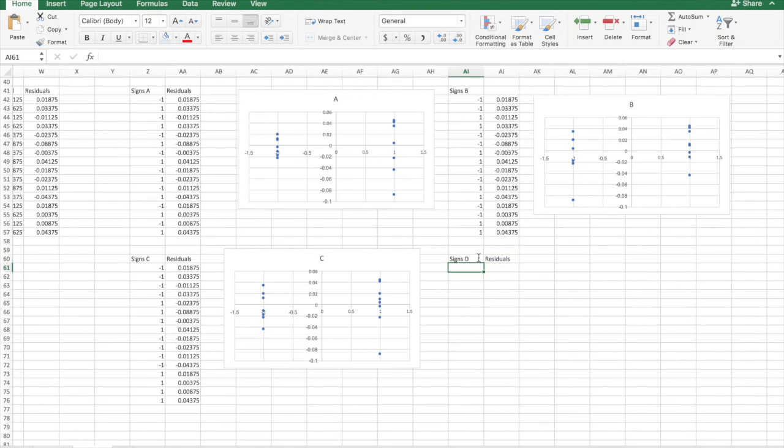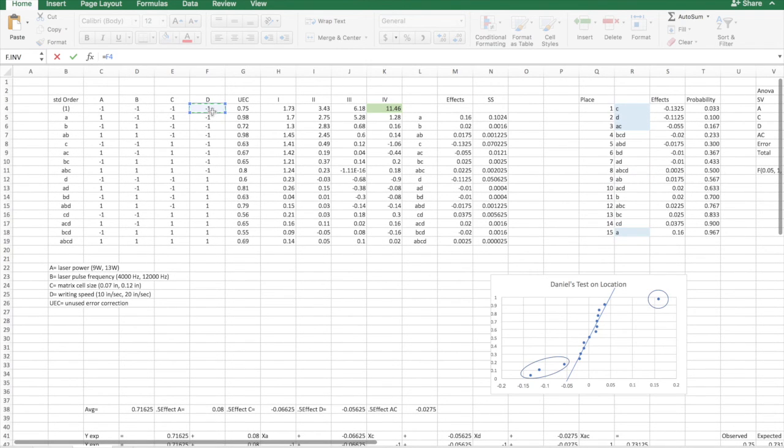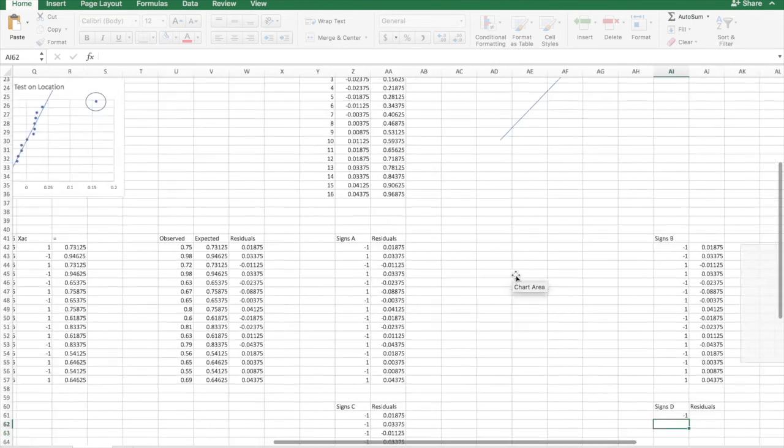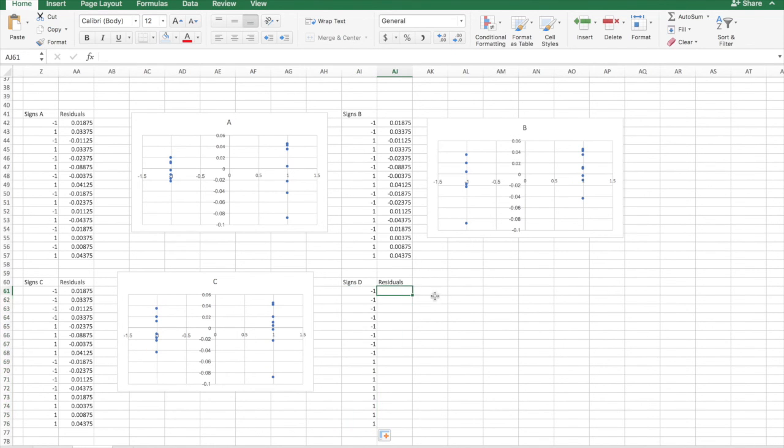See the signs of D, remember that I changed this from the original because I had it as it was of C, but I changed it. Signs of C, 1, 3, 4, 5, 6, 7. Okay, that's correct. Signs of D. Residuals.